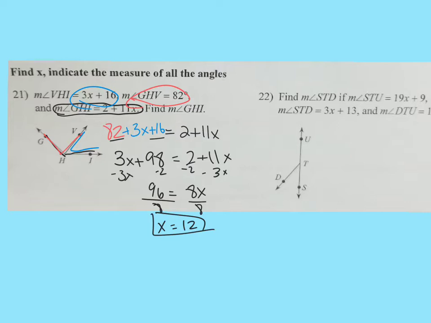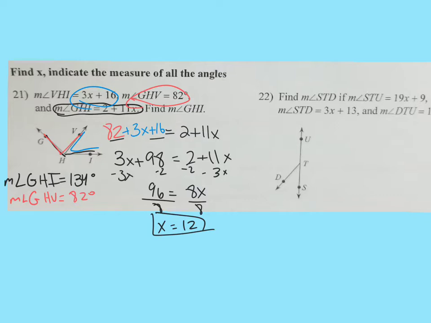So the first thing I'm going to do is find GHI. GHI is 2 plus 11 times 12. So I'm putting in the measurement, little m, angle GHI equals 2 plus 11 times 12. 11 times 12 is 132, so I get 134 degrees. Don't forget the degree symbol. The red angle, the measurement of angle GHV equals 82 degrees.